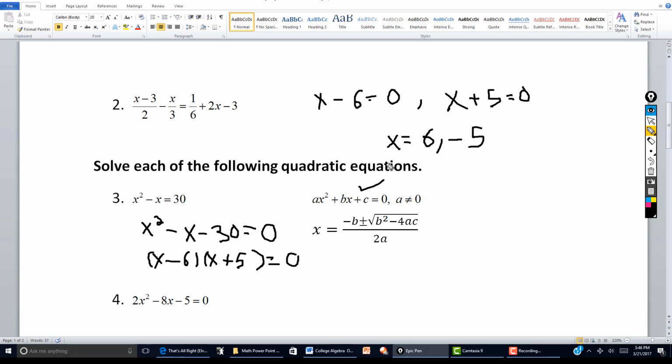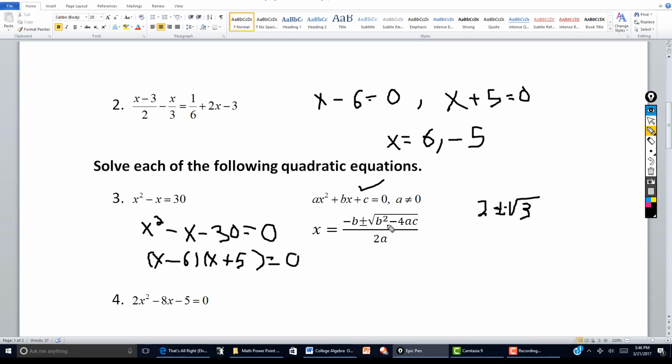For example, 2 plus or minus the square root of, say, 3. That would be considered an irrational solution. If it's rational, in other words, if this expression right here is a perfect square, you're going to have no radical, then you have numbers like 6 and -5. Those are considered rational solutions. Anything with a fraction also will be considered rational, as long as it doesn't have the radical.